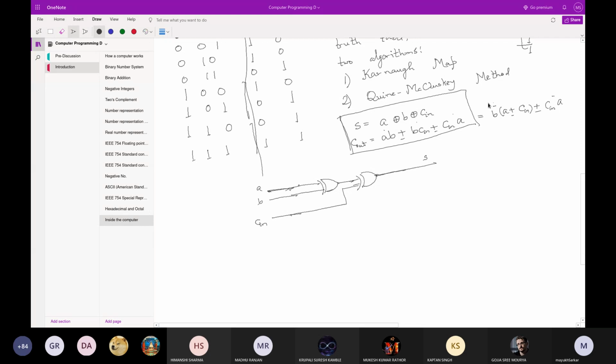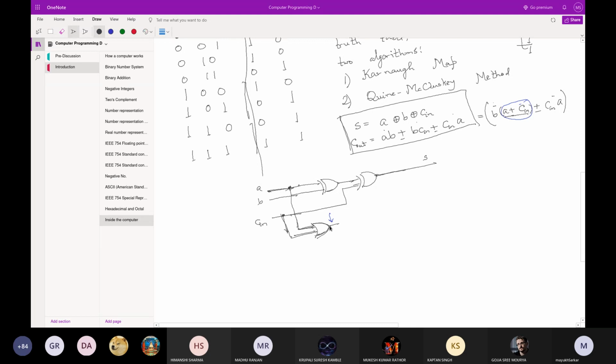So let me implement this in the circuit. What do we have to do? First, we have to do an OR of A and C in. We did the OR of A and C in. This result is going to be available from this line.